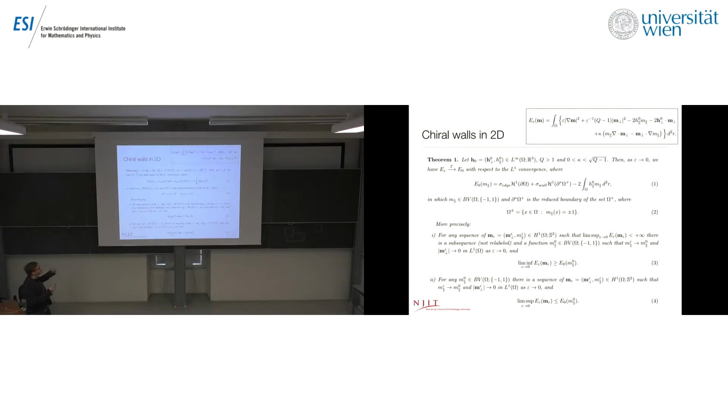Okay, and this is multiplied by the one-dimensional interior domain wall energy, plus the usual bulk term coming from the applied field. So the result is essentially what you would expect for the situation without the DMI, but with a renormalized domain wall energy. Okay, so this is something we were able to prove here.